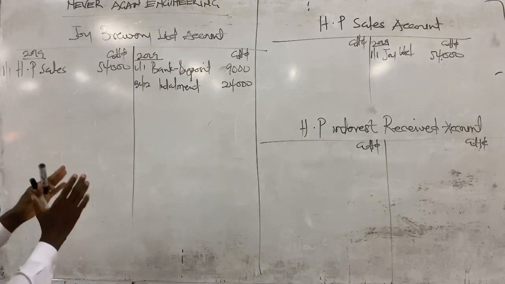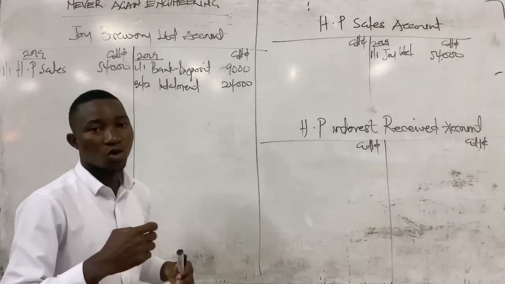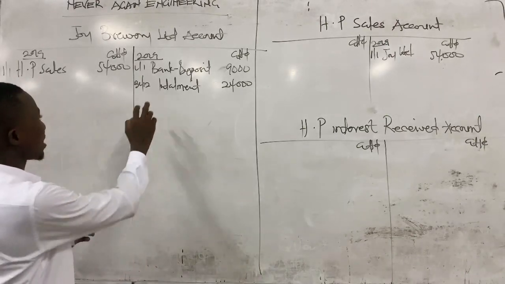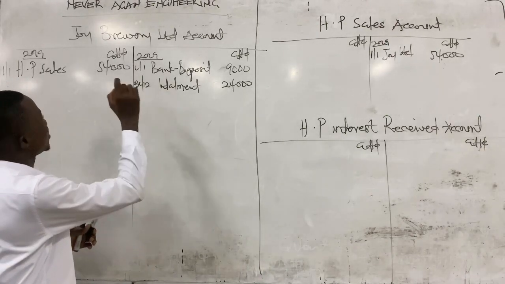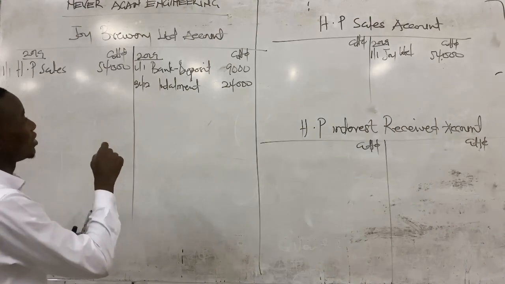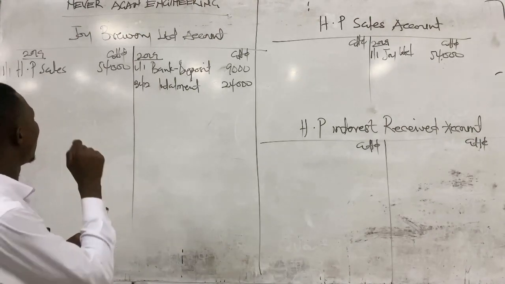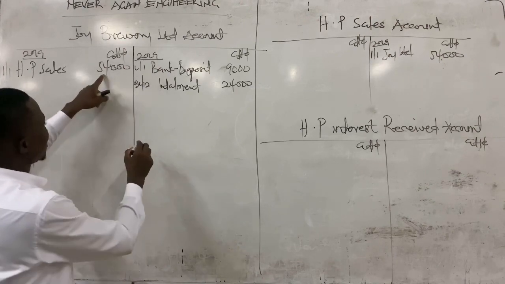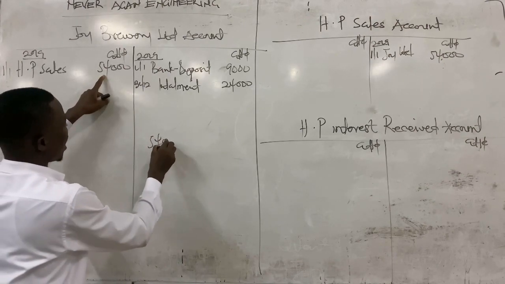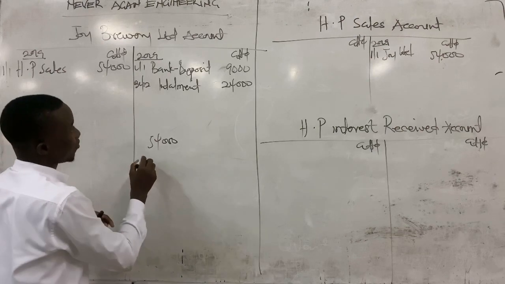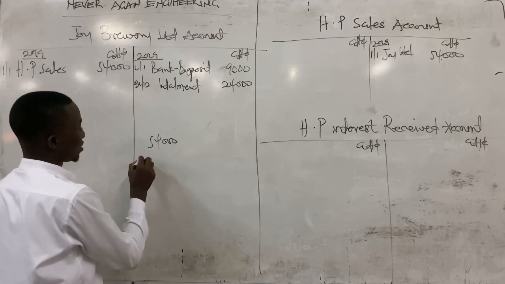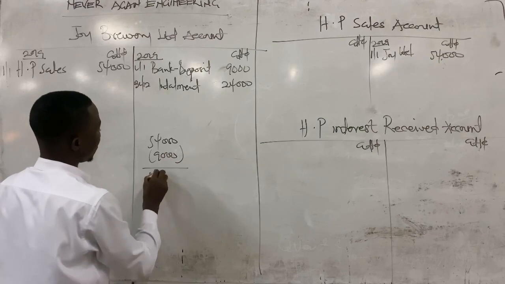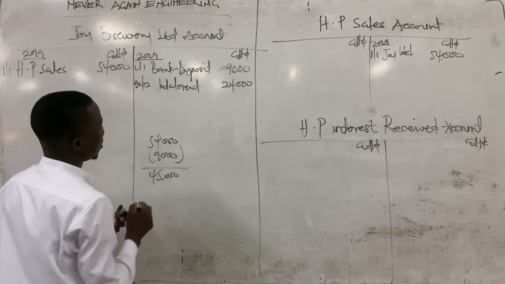So now at the end of the period, we need to calculate the interest component on the remaining balance. But remember, this amount is paid at the end of the year. So in order to determine the remaining balance at the end of 2019, we take the cash cost price minus the bank deposit on 1st January, that is 9,000, and this will give us 45,000.